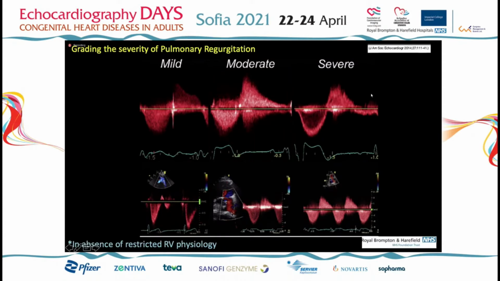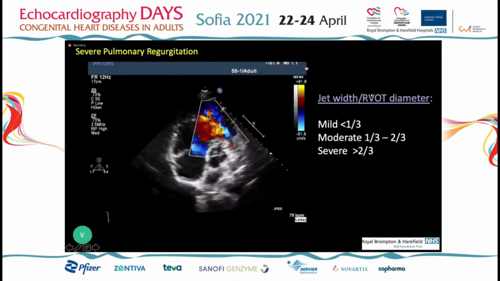And if we do a Doppler in the pulmonary arteries, we may see some very brief retrograde flow in diastole. But severe pulmonary regurgitation usually ends before the end of diastole and is much steeper in its slope. And also the regurgitation can lead to retrograde flow in the main pulmonary artery or even in the branches. That is obvious not only on continuous Doppler, but also in pulsed Doppler or in color Doppler.